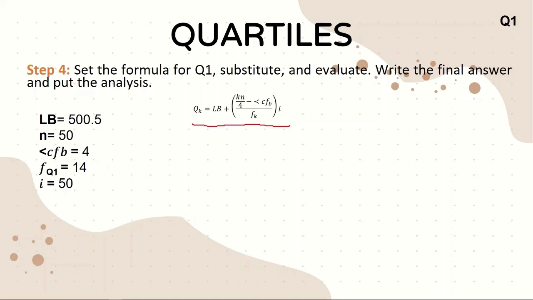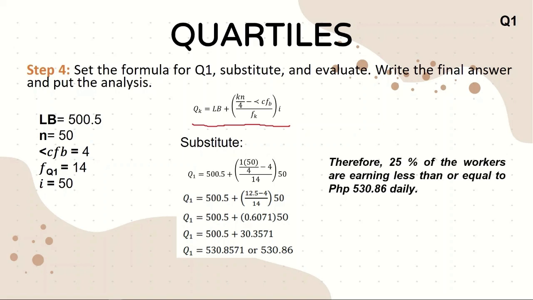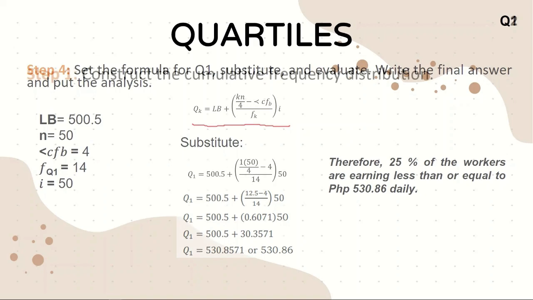So the final answer for the first quartile is equal to 530.8571 or 530.86. The analysis is, therefore, 25% of the workers are earning less than or equal to 530.86 pesos daily.